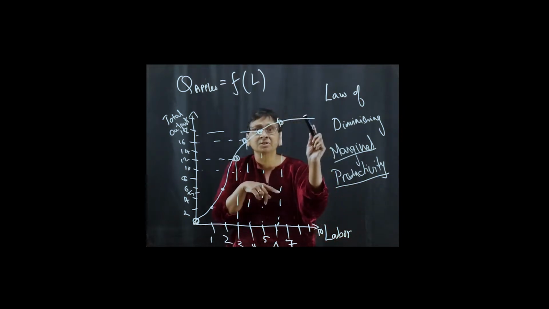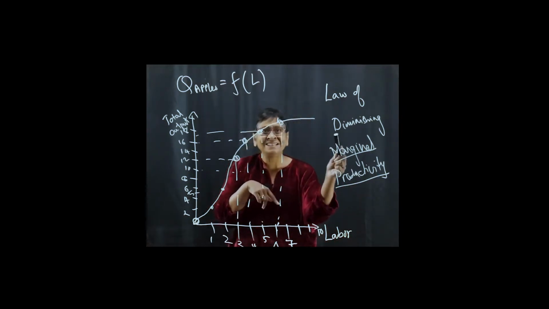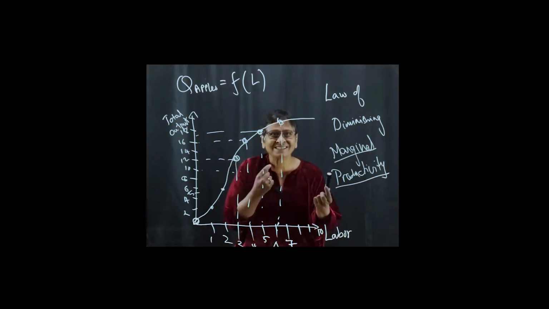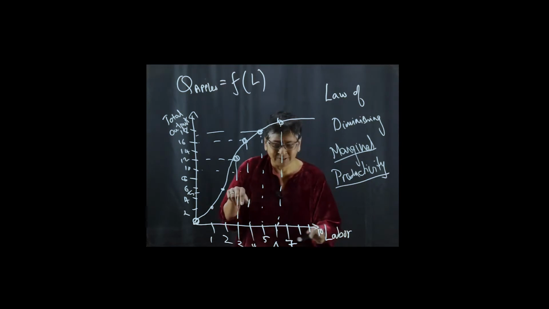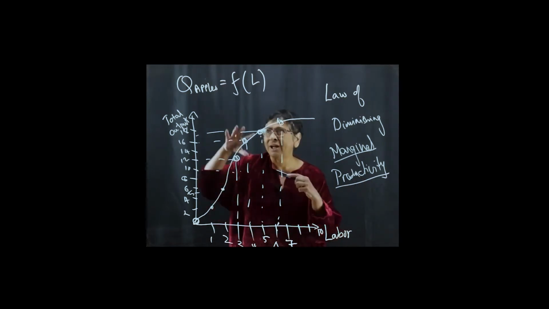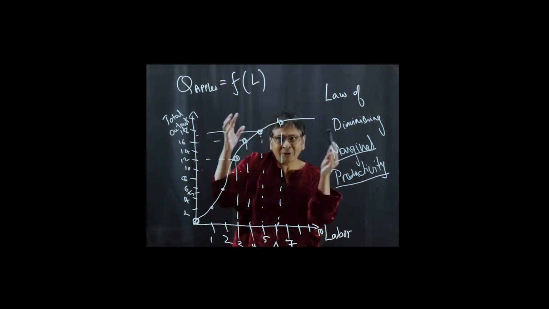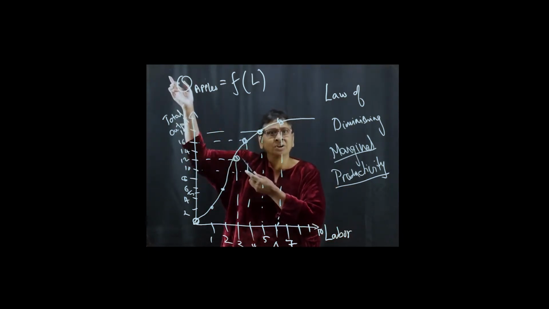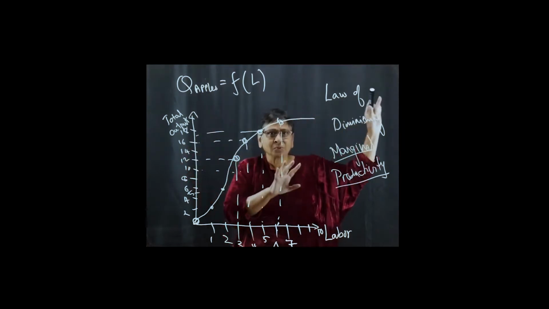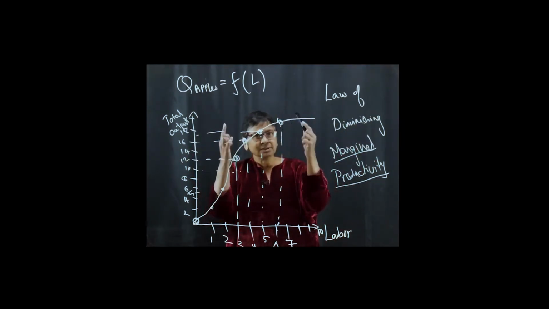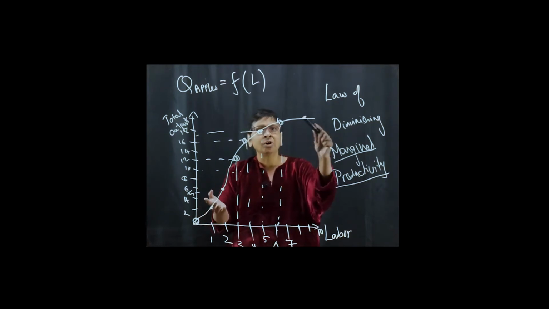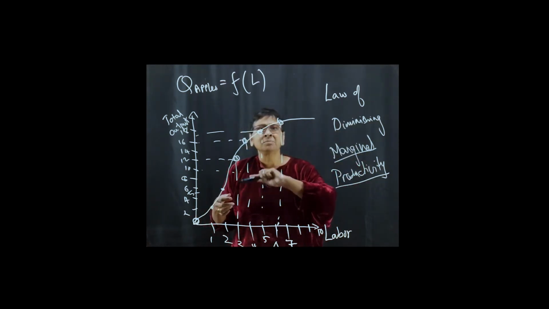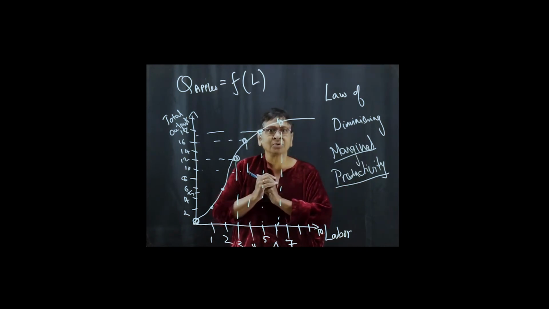I'm not yet at costs, remember, because I haven't added in the actual cost, the price of the workers as yet, nor have I figured out which combination to use or how much labor to use based on what the market prices are. So there's a bunch of work I still have to do, but let's just do some work now since we've got productivity, using this idea to figure out something about average productivity and marginal productivity. All right?